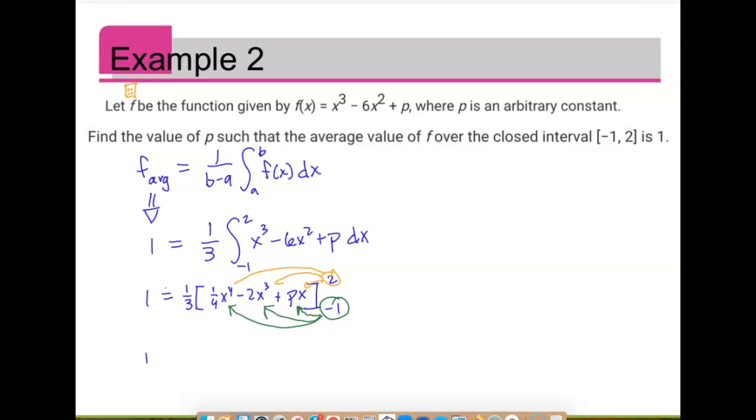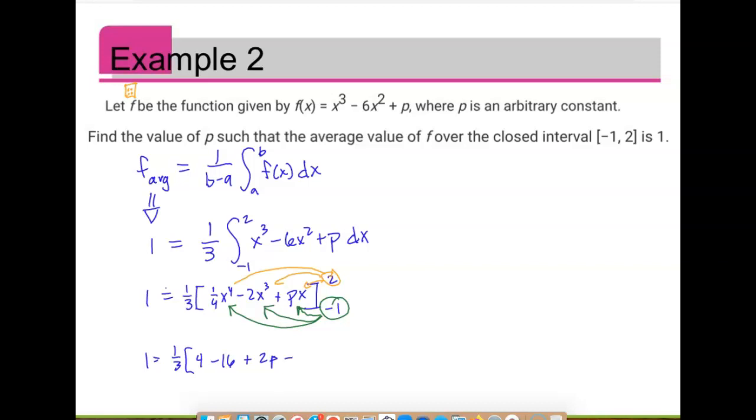So this is going to give me 1 equals 1/3 times the quantity. What's 2 to the 4th divided by 4? It's 4. What's 2 to the 3rd times -2? It's -16, plus 2p, sorry. So that's I plugged in the top limit.